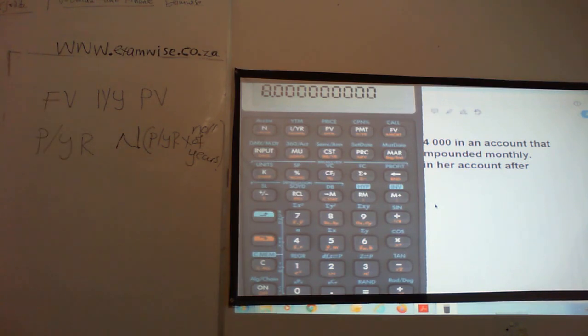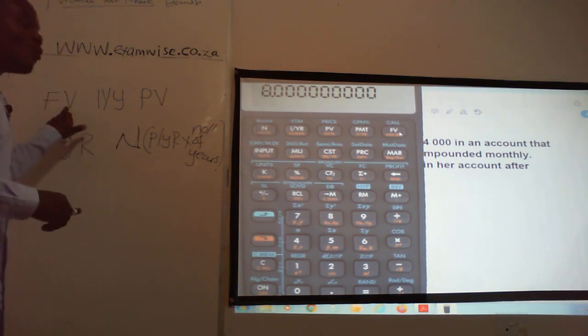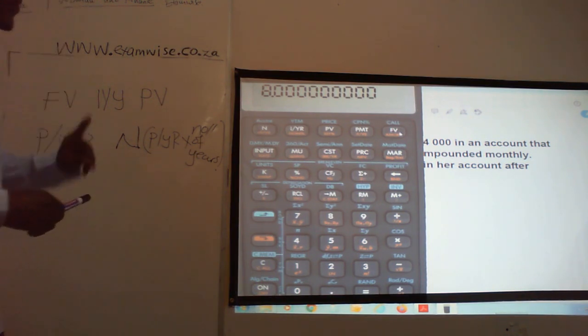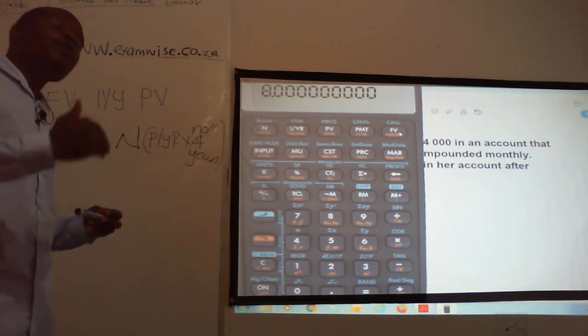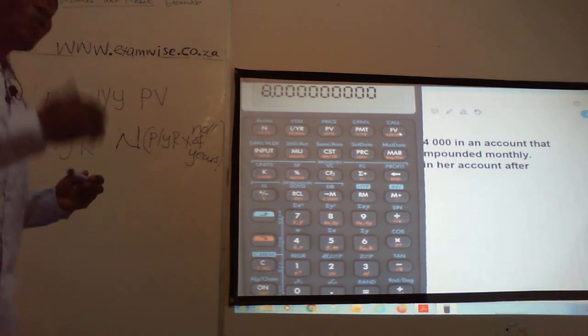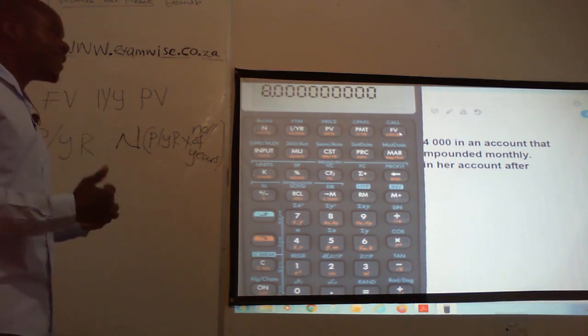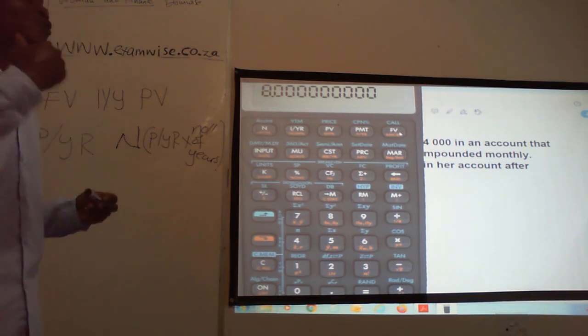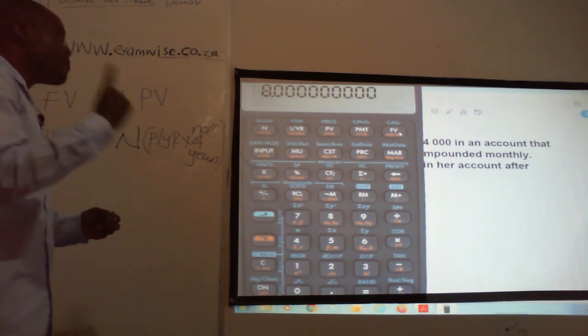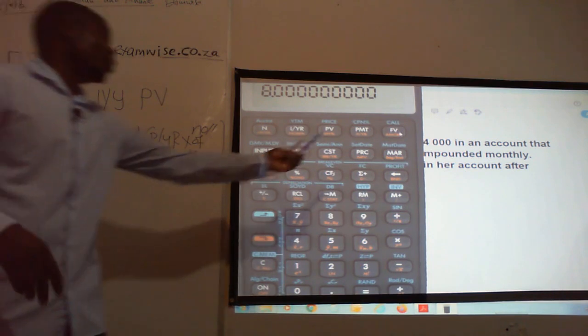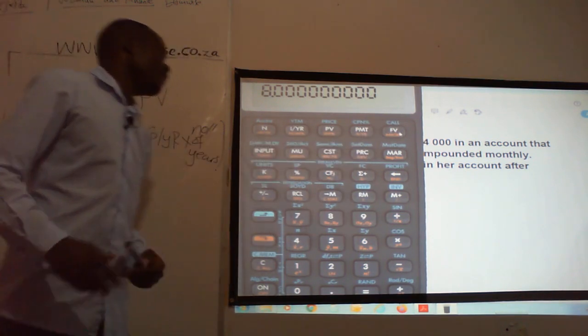Our future value is on this button with our FV. While we are still on future value, future value is always entered as positive. When we are entering future value, we will always enter it as positive.